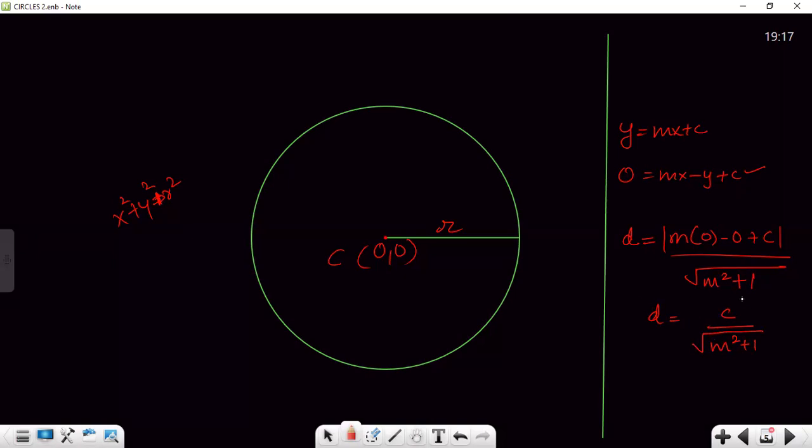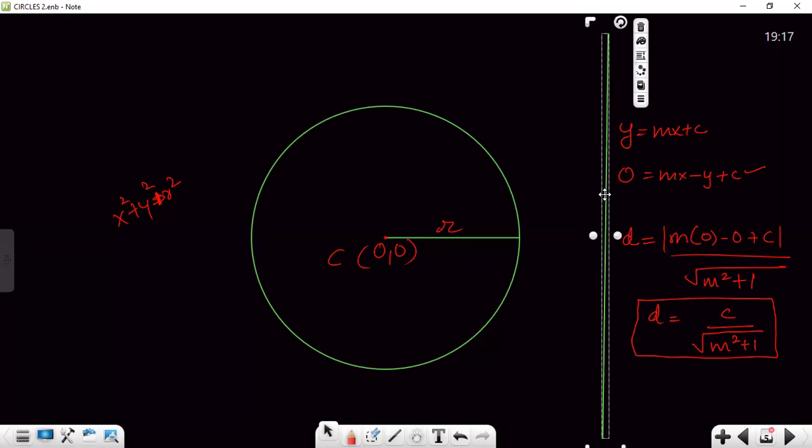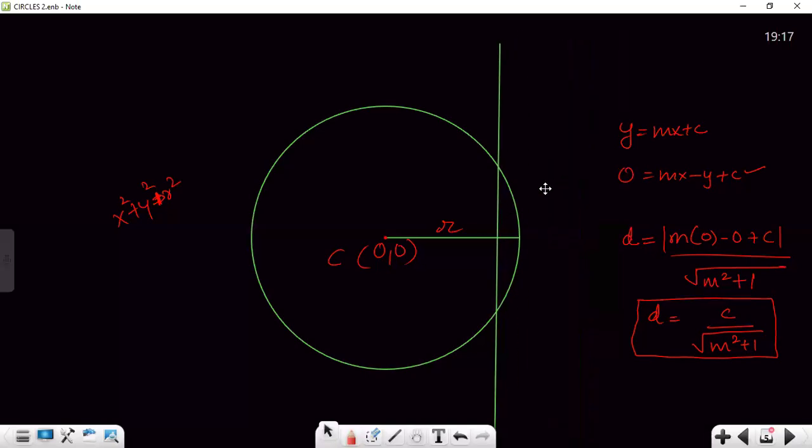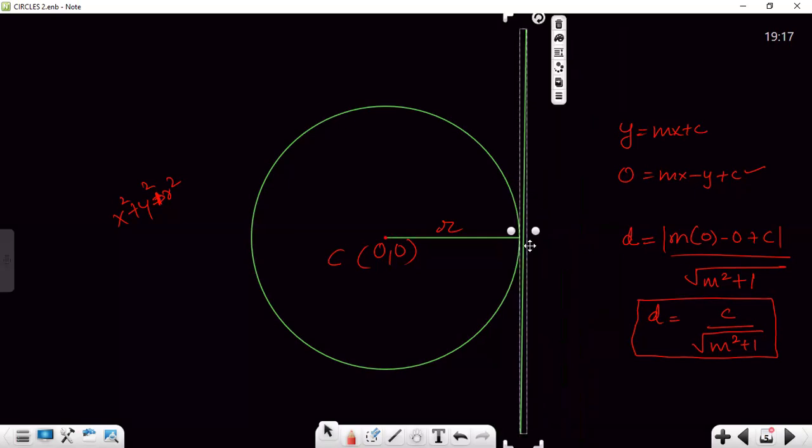Now see, this is the distance between the line and the origin. If the distance between the center and this line is equal to the radius, it means the line is touching the circle at one point.